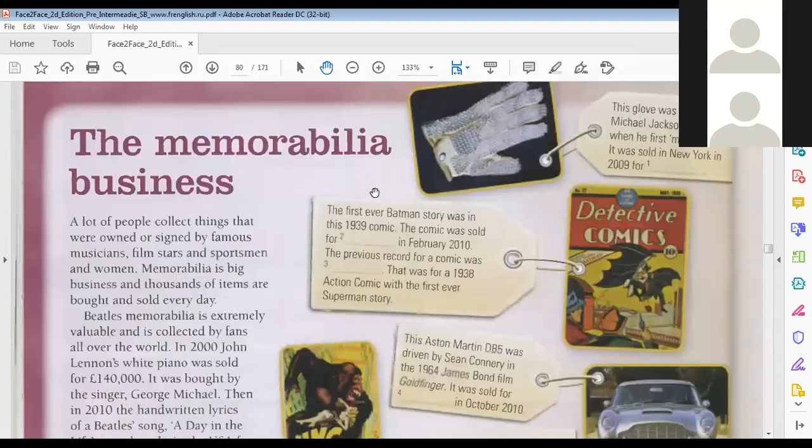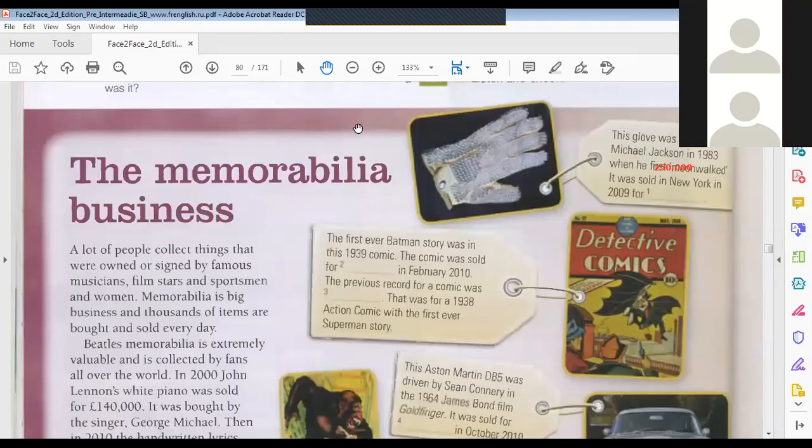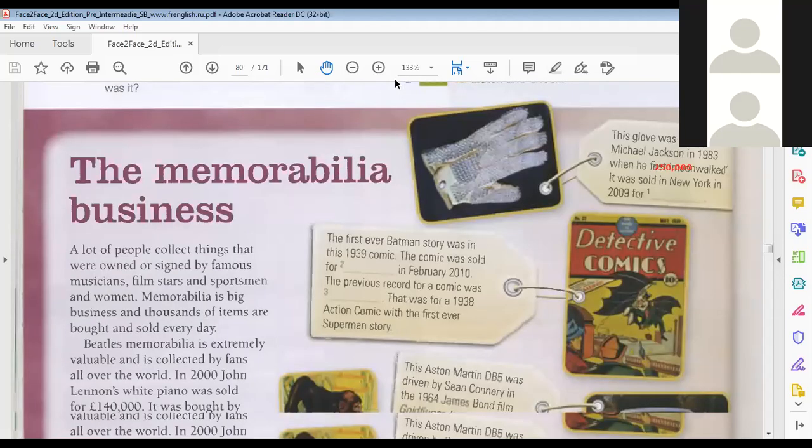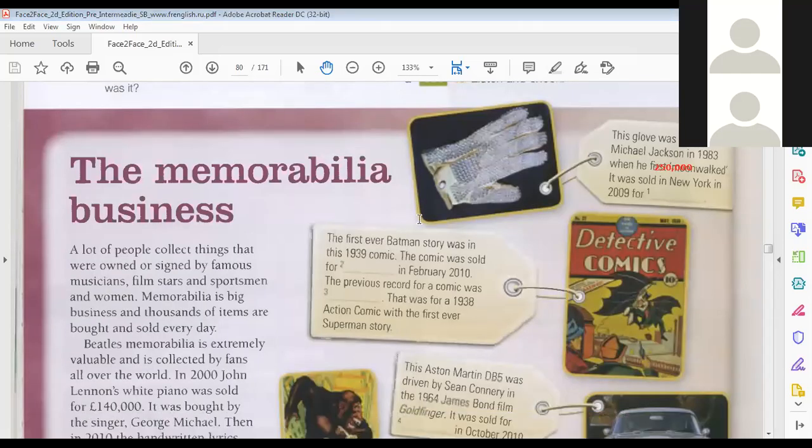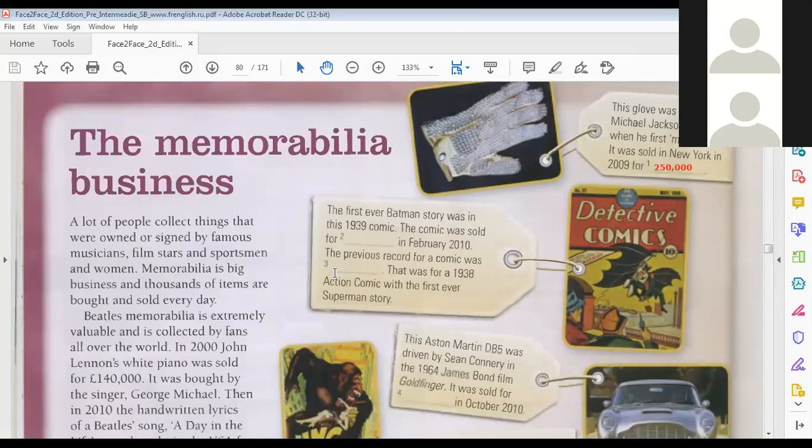Okay, what do you think of the prices? Let's start with the glove. So the glove was £250,000, and the comic, she said 650,000, and the previous record was 631,871.